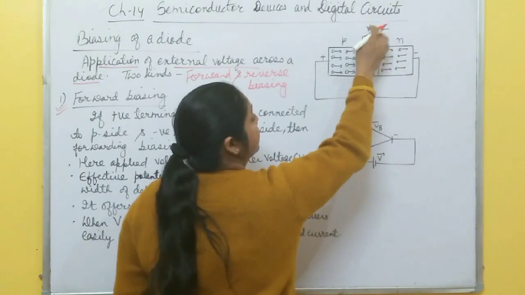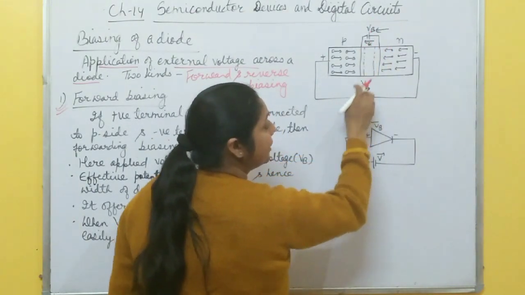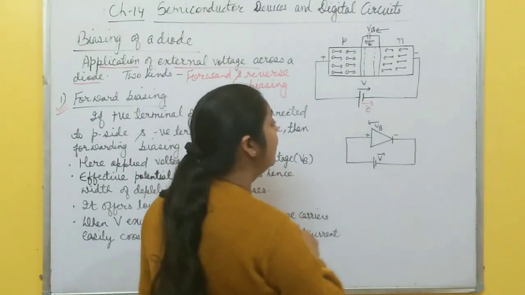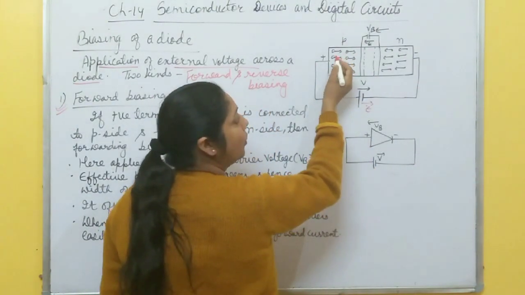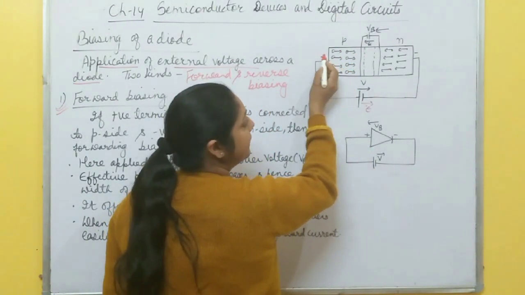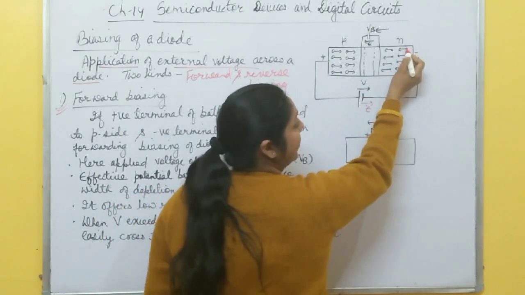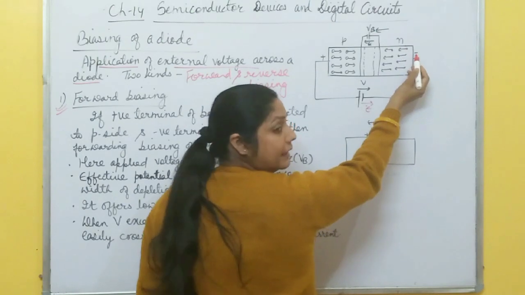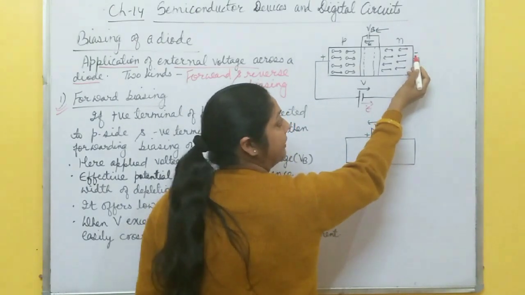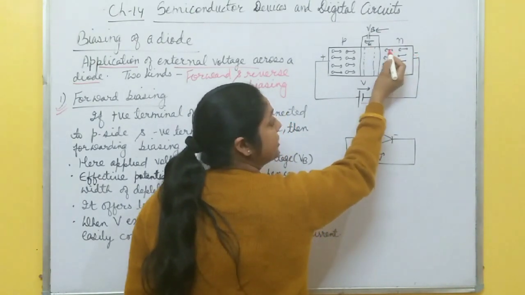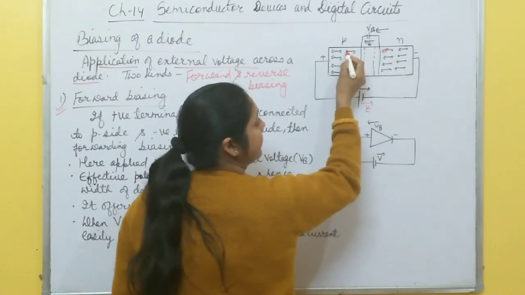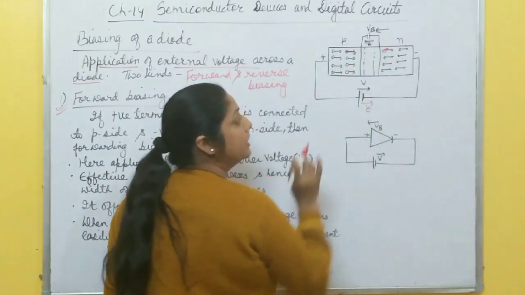So this potential barrier is in the opposite direction to the applied potential difference. Now what happens? The holes in the P side are repelled by the positive terminal of the battery, and electrons in the N side are repelled by the negative terminal of the battery, and electrons start moving towards the junction and holes start moving towards the junction.